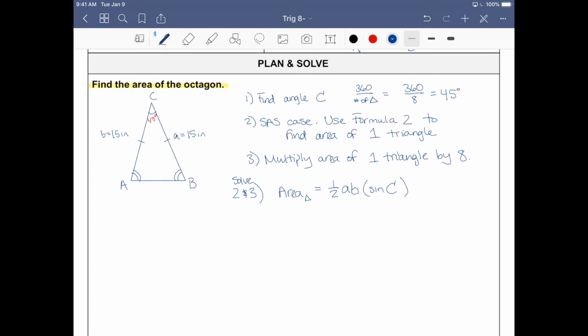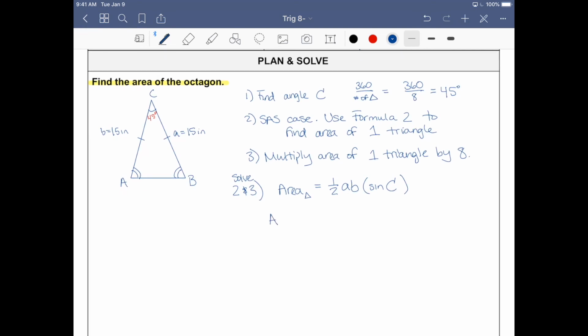And for the area of the octagon, I would probably draw an octagon, but I think that takes much more effort than writing out the word octagon. The area of the octagon is going to be 8 times the area of the triangle.